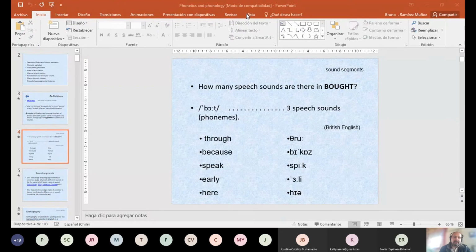Because when the audio files are uploaded to the LMS, you as the test takers have the possibility to replay the same audio file as many times as you want, right? Whereas when you are in a face-to-face evaluation, you get to listen to the recording probably 2 or 3 times. Okay, so that's also an advantage.